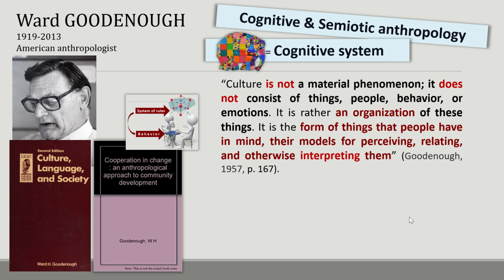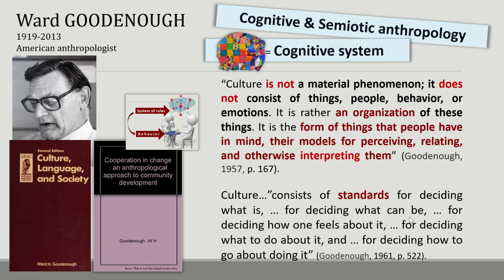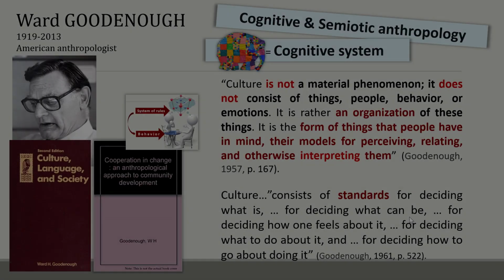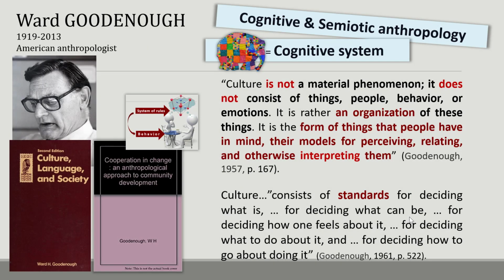They are models for perceiving, relating, and otherwise interpreting them. Culture consists of standards for deciding what is, standards for deciding what can be, standards for deciding how one feels about it, standards for deciding what to do about it, and standards for deciding how to go about doing it.